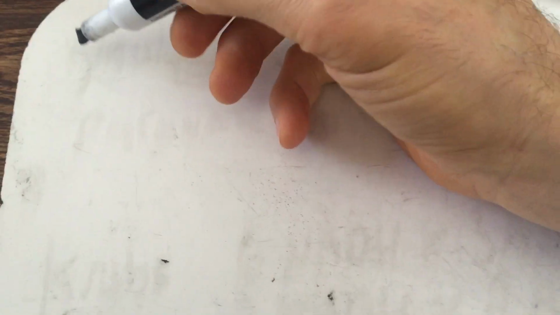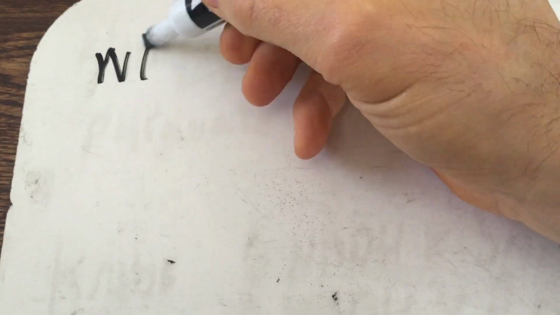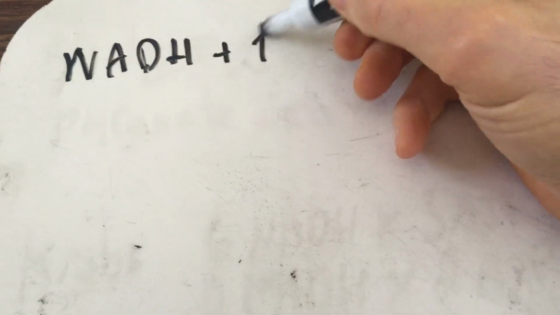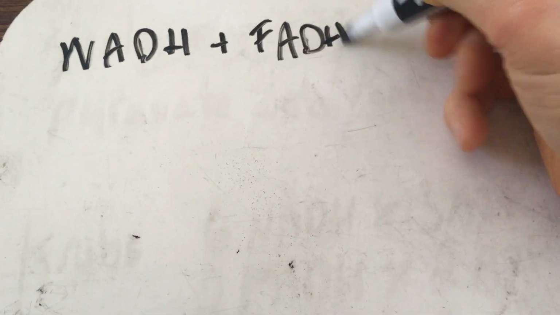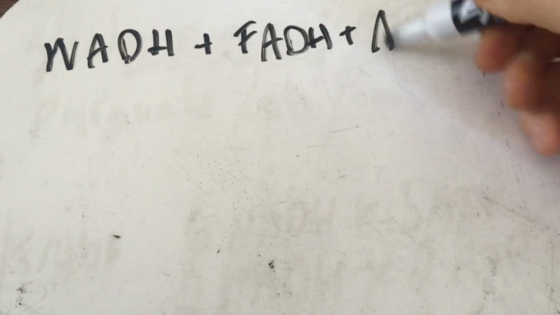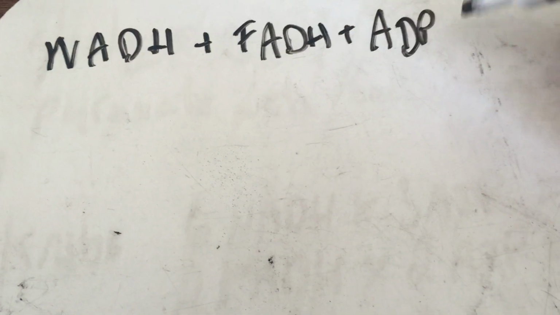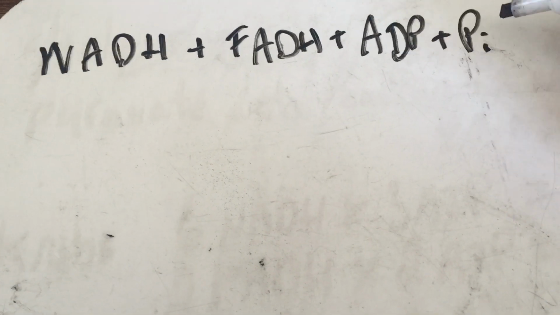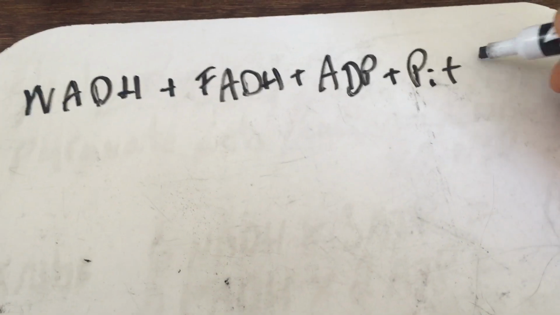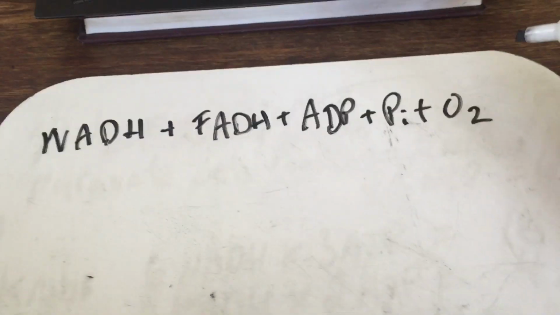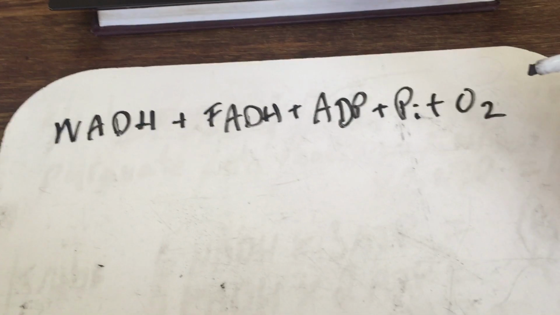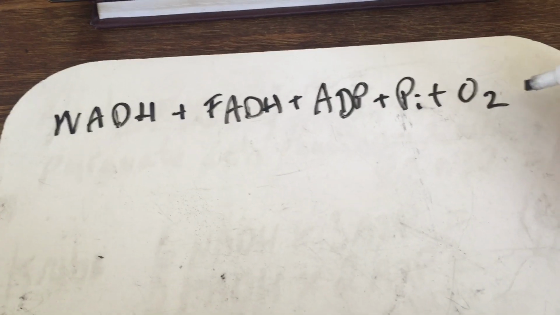So if I'm going to draw a chemical reaction for the electron transport chain, and this chemical reaction isn't balanced or anything, I'm just going to draw the inputs and the outputs. So you would have NADH that goes in. You'd have FADH that also goes in. And then you'd have ADP plus inorganic phosphate plus oxygen. Those would all go in as substrates for the electron transport chain.